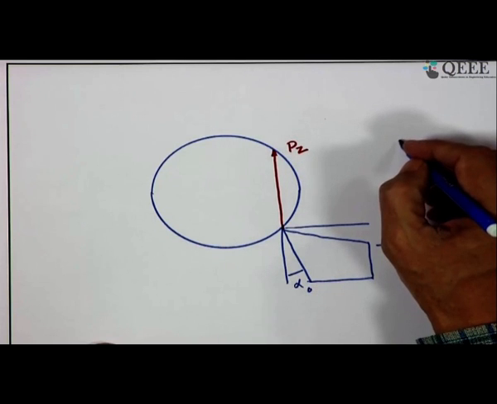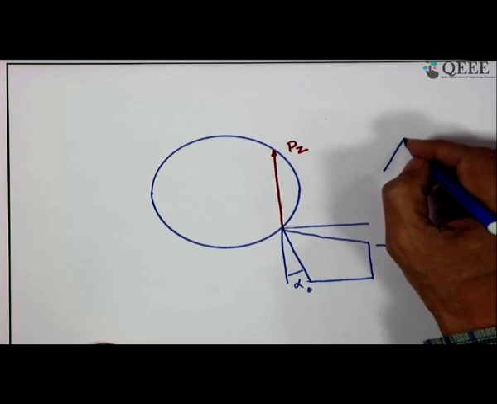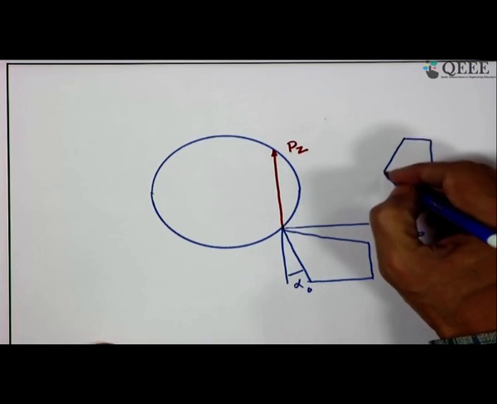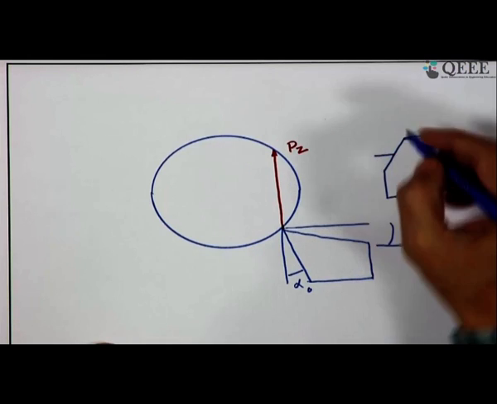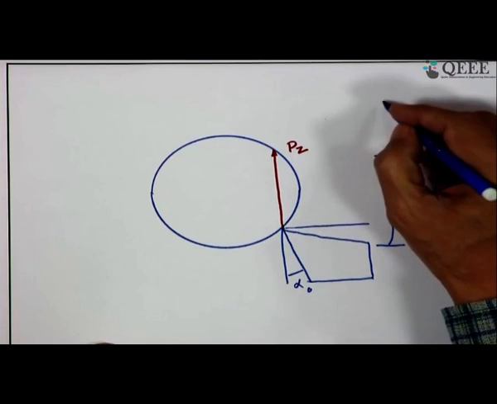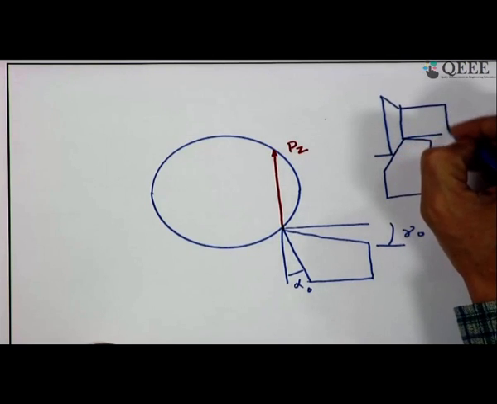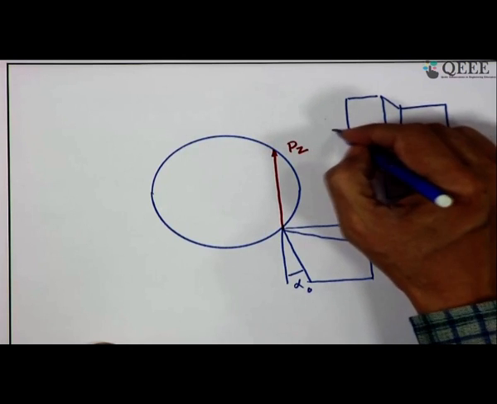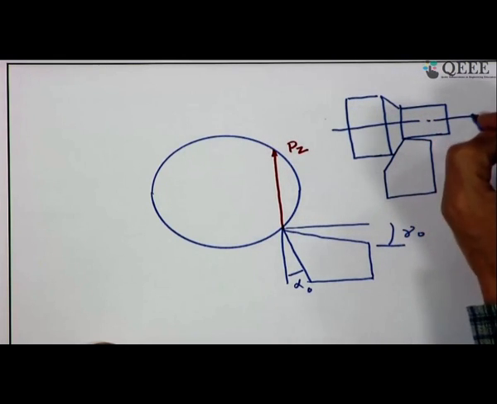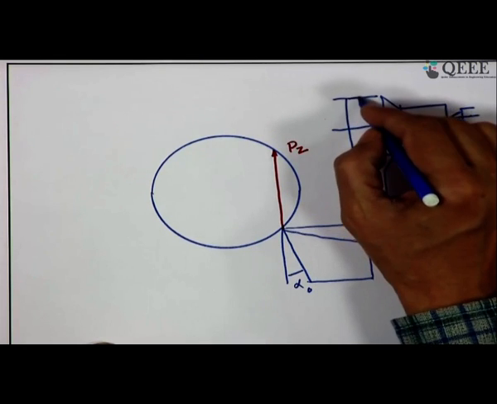This is the orthogonal direction, and if we consider one cutting tool like this, it is engaged in machining. So, this is the job workpiece that is spinning, and this is the center support, and here perhaps we have a chuck.